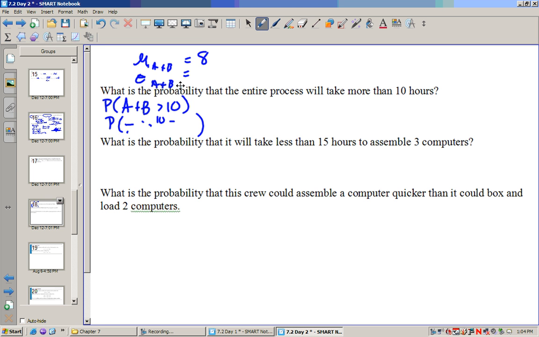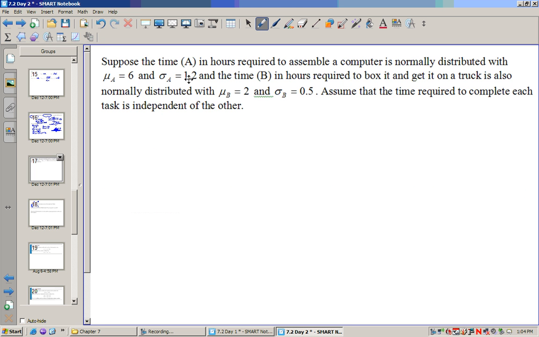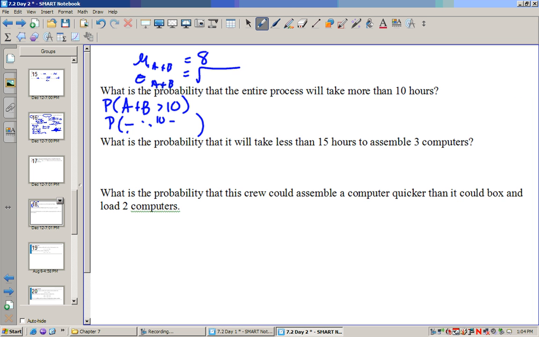That's our new mean. Our standard deviation, we have 1.2 and 0.5. So I'll get this by taking 0.5 squared plus 1.2 squared and adding those up. That's 1.69 square rooted, which is 1.3. So I'm finding the probability that my z-score is greater than 10 minus 8 divided by 1.3.